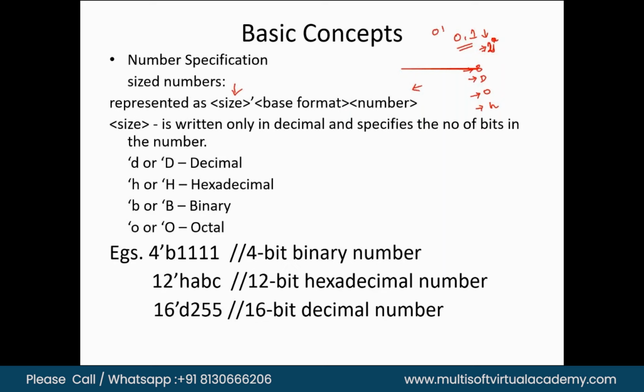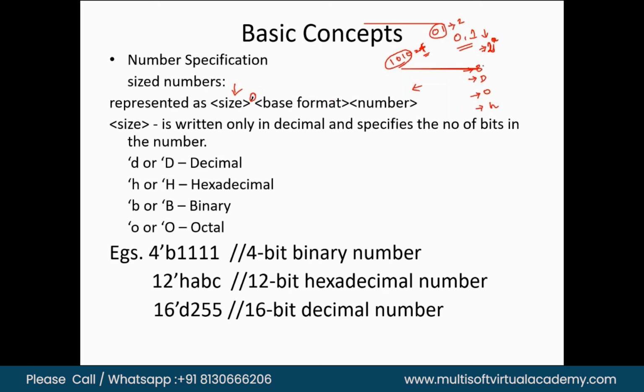Suppose 01 means the size is 2. 1010 means the size is 4, and this is the data. 1010 is digital data and the size is 4 bits, and 01 is digital data and the size is 2 bits. You have to use this apostrophe to represent the size, followed by the base format.